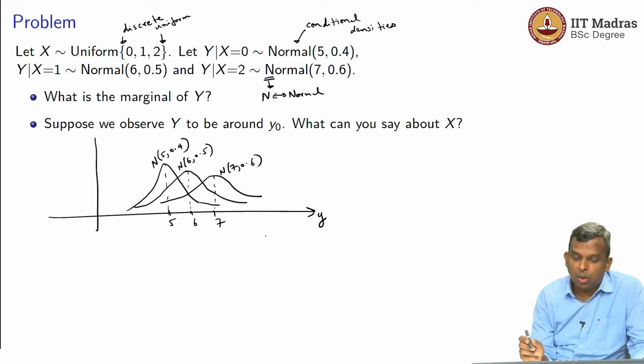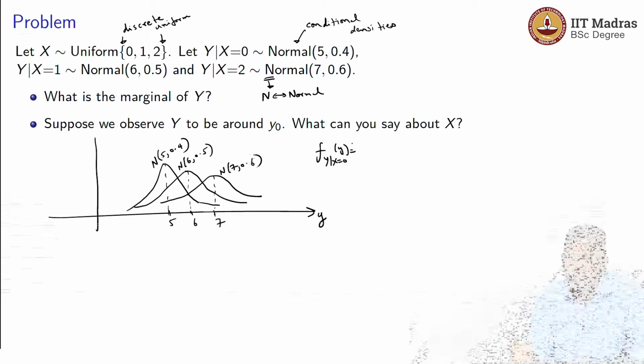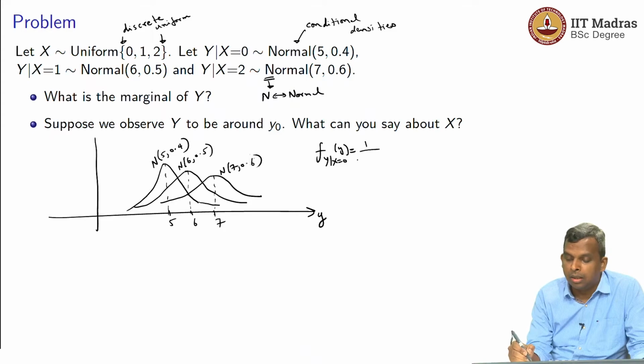Now, how do you do the marginal? The density of Y given X equals 0 is the normal density: 1 by root 2 pi times 0.4, e power minus (y minus 5) whole squared by 2 times 0.4 squared.